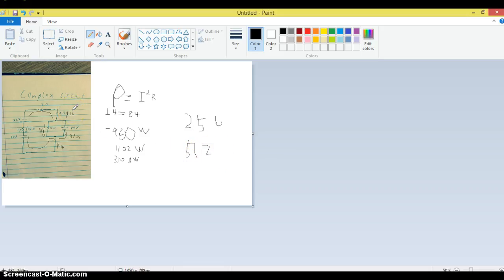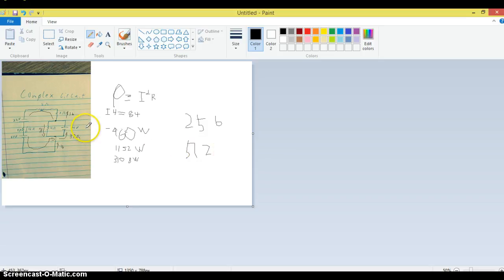And then this next resistor is 16 squared times 3, which is 768. I'm not going to write that down this time, but I have it on my calculator.